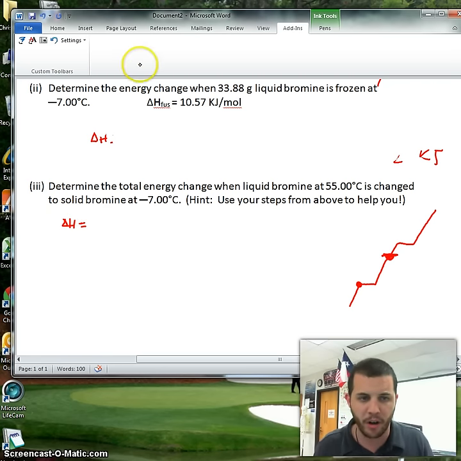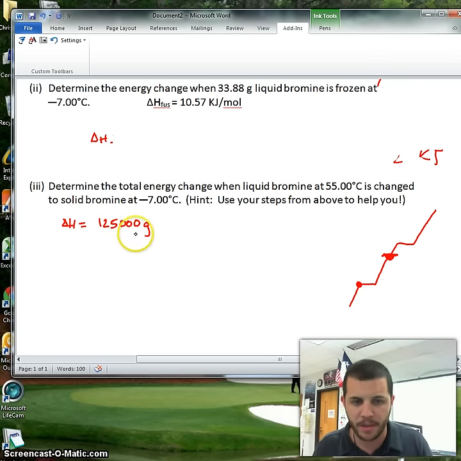My mass from, let's see here, use your steps from above to help you. So let's go ahead and do the one that was 125 kilograms. That's the one we'll use. So my mass then is 125,000 grams. We're going to multiply that by the specific heat, which was 0.23.